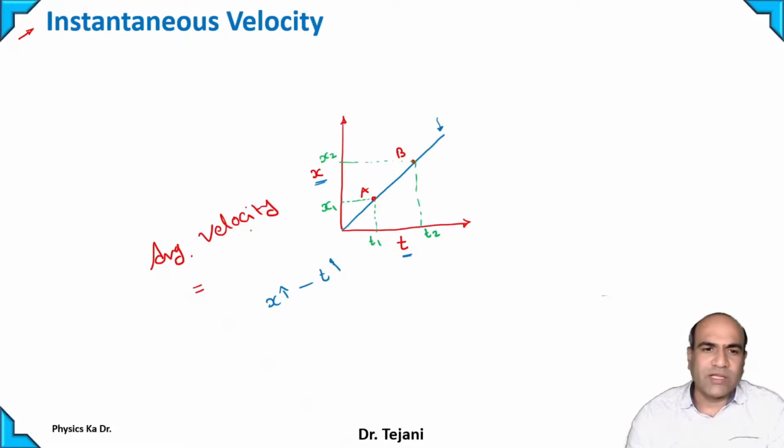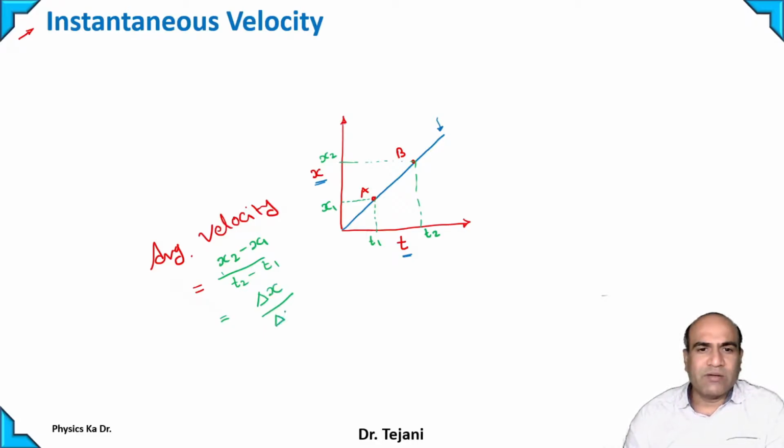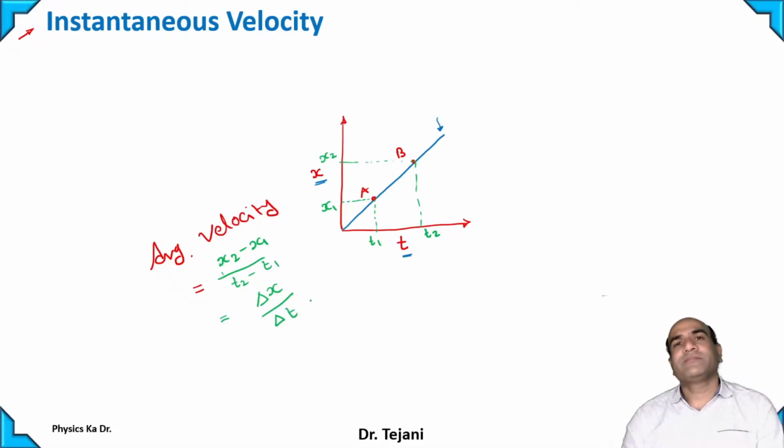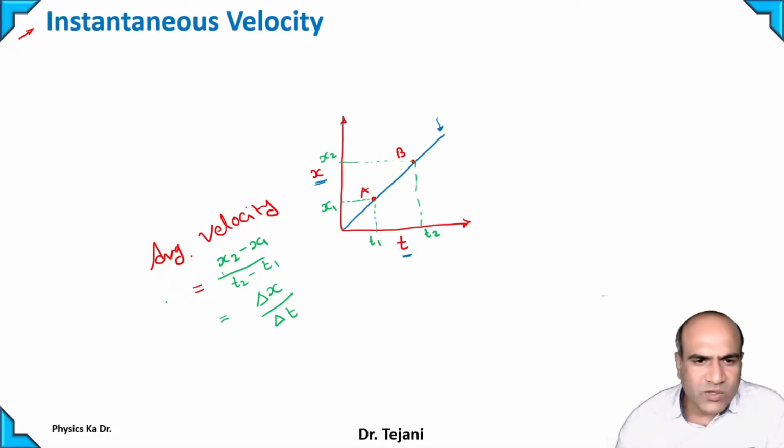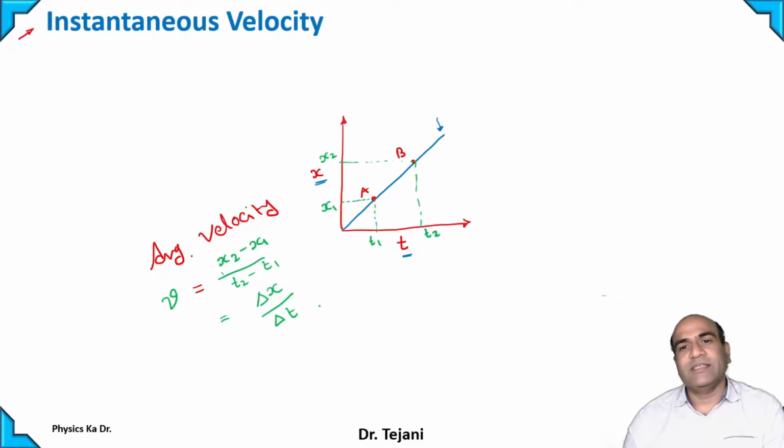If we want velocity, that is x2 minus x1 divided by t2 minus t1. We know that very well. In other words, we can write the change of displacement, delta x, divided by delta t. This is known as average velocity.